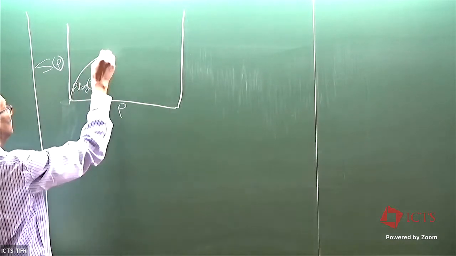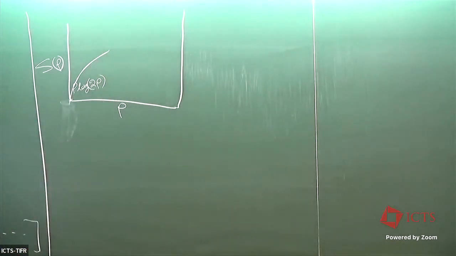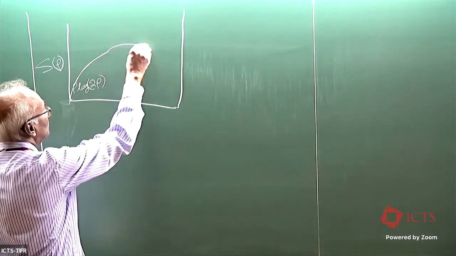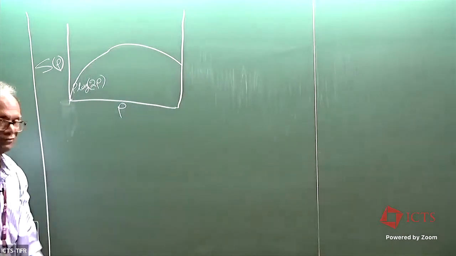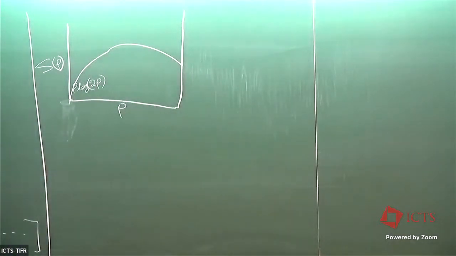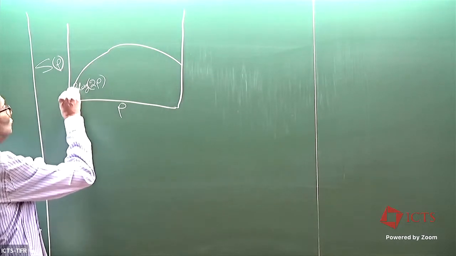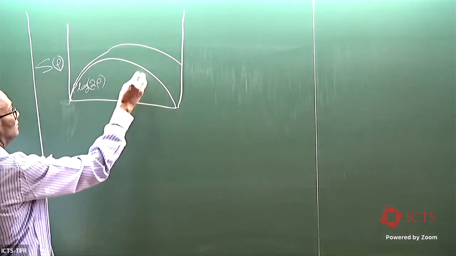So the entropy increases with rho almost linearly, but with this coefficient. And for large density, it tends to some value, which is finite. But I have a bound on it, which goes like this. This is the S-nematic.